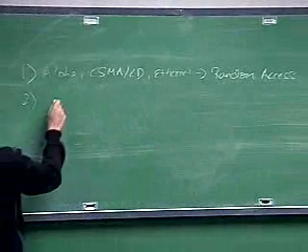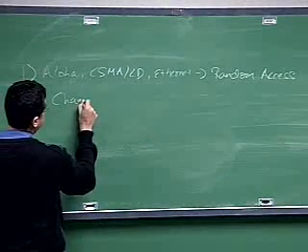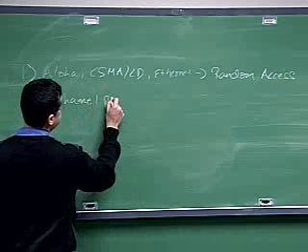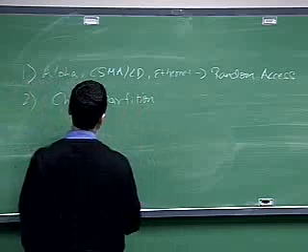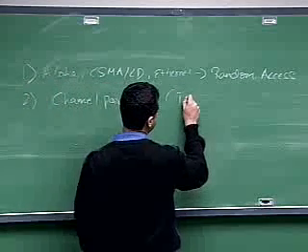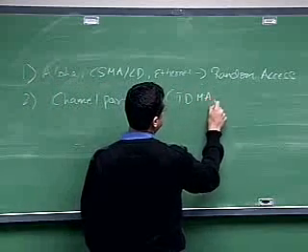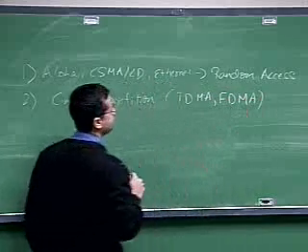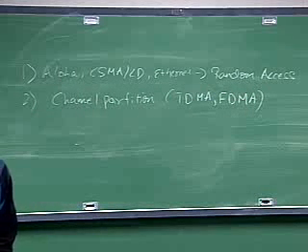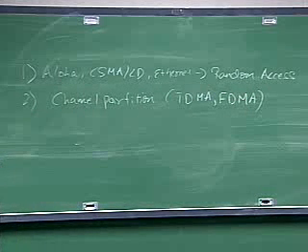The other kind of MAC protocol that we looked at was channel partition. And there it was TDMA, FDMA, time division multiple access, frequency division multiple access, and those kinds of protocols.